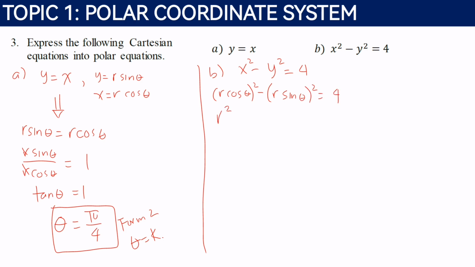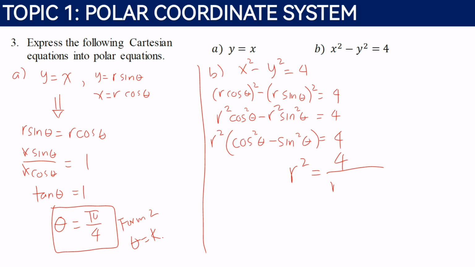So I have r squared cosine squared theta minus r squared sine squared theta equal to 4. Factoring out r squared, I get r squared times (cosine squared theta minus sine squared theta) equal to 4. So r squared is equal to 4 all over cosine squared theta minus sine squared theta.